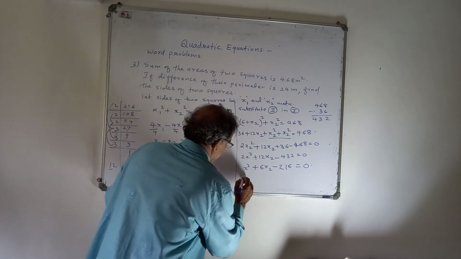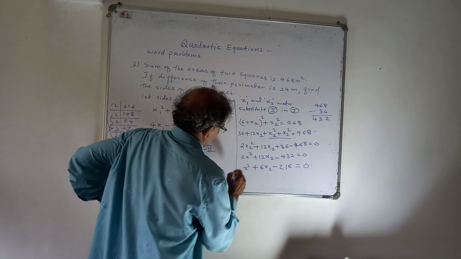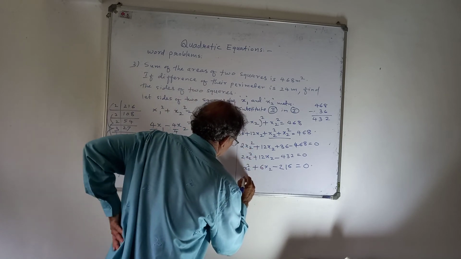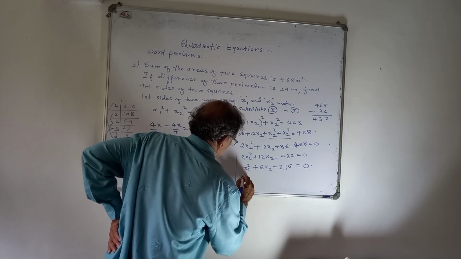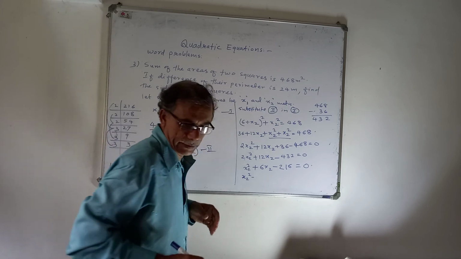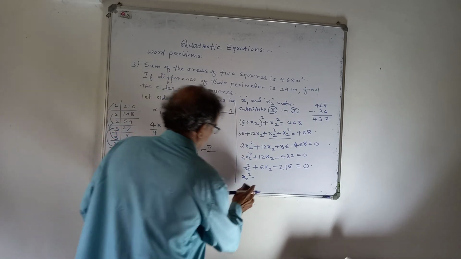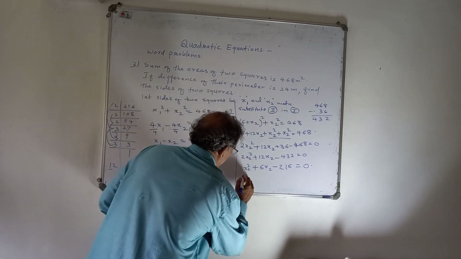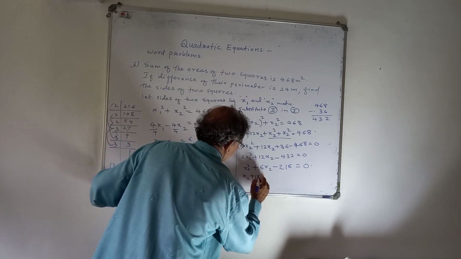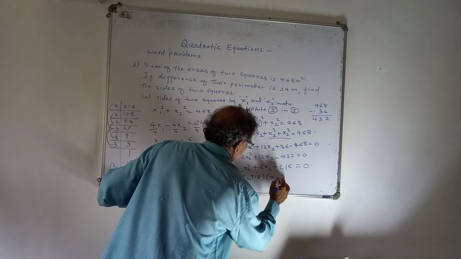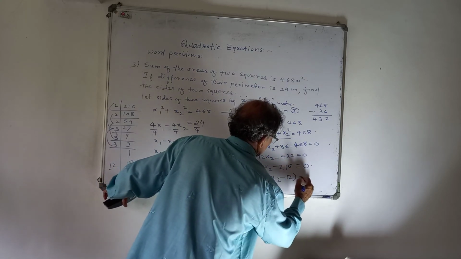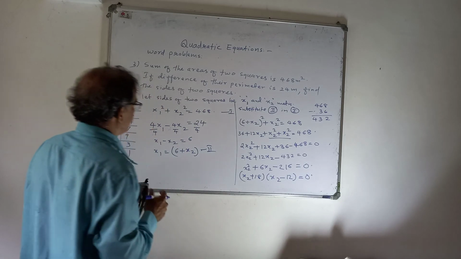So x, sorry, it is x2 square. So x2 square, okay, I can directly write now. Put the two numbers in pair. What is that? So x2 plus 18 into x2 minus 12 is equal to 0.